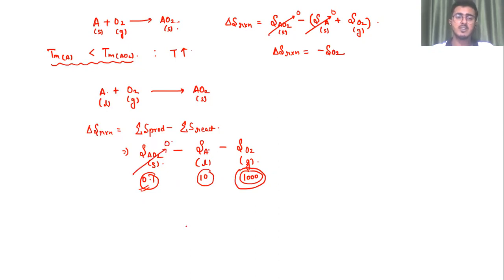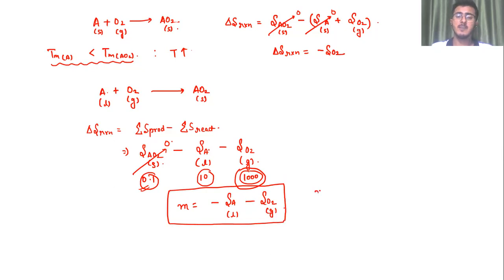The change in the entropy, basically the slope of this line, will be nothing but minus S of A in the liquid phase minus S of oxygen in the gaseous phase. This is how you calculate the slope of the line.